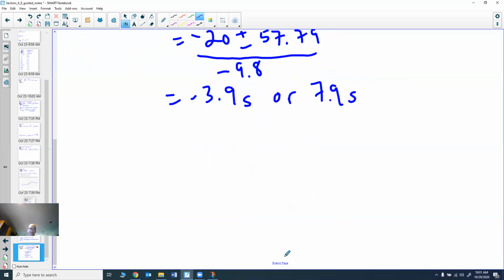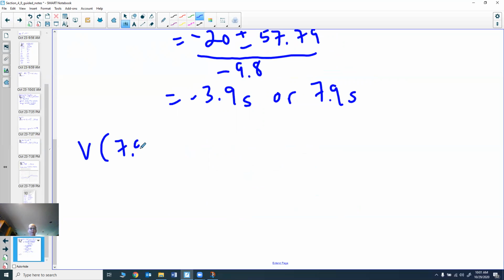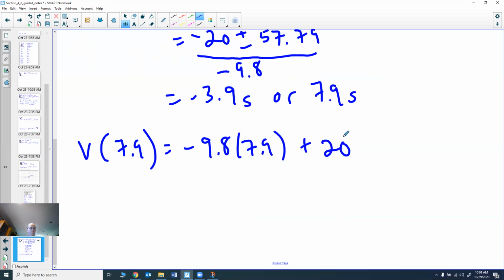We could find, and it didn't ask us, the velocity when it hits the ground. The velocity at 7.9 seconds would be negative 9.8 times 7.9 plus 20.